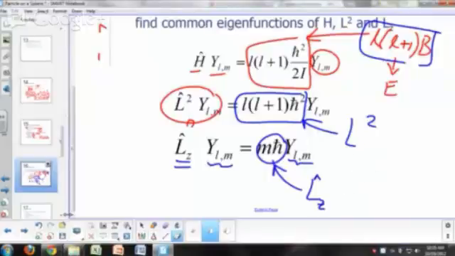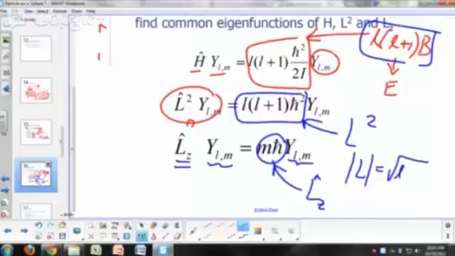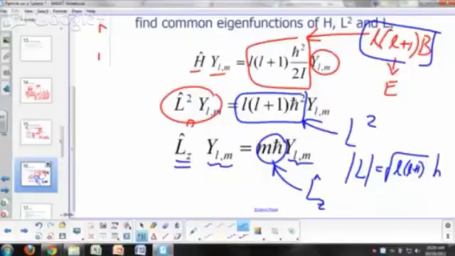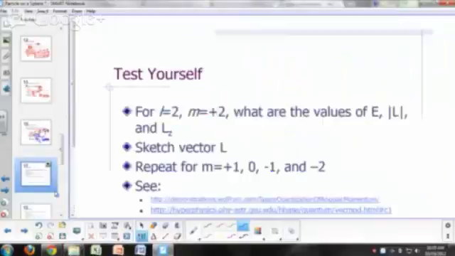So the magnitude of L itself is the square root of L times L plus 1, times h bar. We know the magnitude of your angular momentum vector, and we know the component of that vector along the z-axis. It's going to be m h bar, the m quantum number. The m is the m quantum number, not the mass.